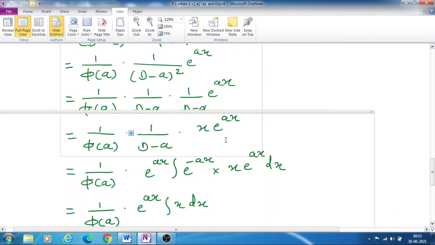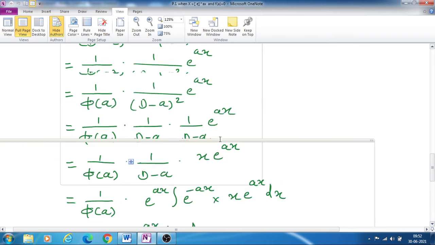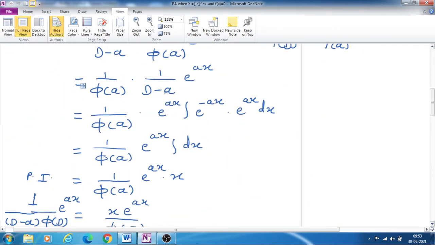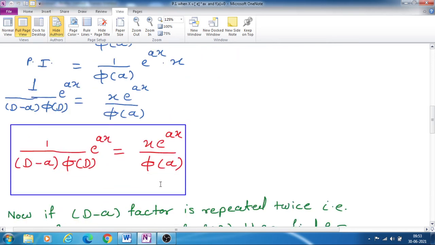This is done. We solve the inner one, and the value of this is x e raised to ax. After solving, we got x e raised to ax.